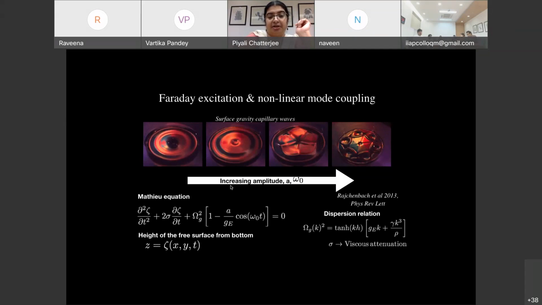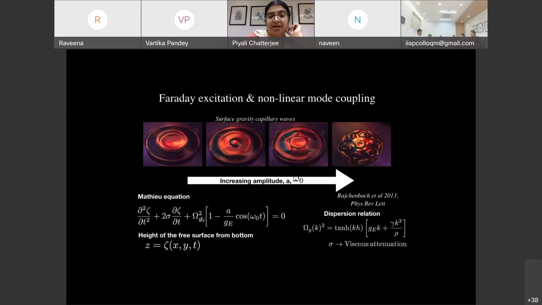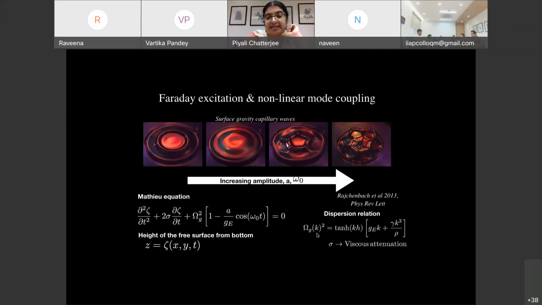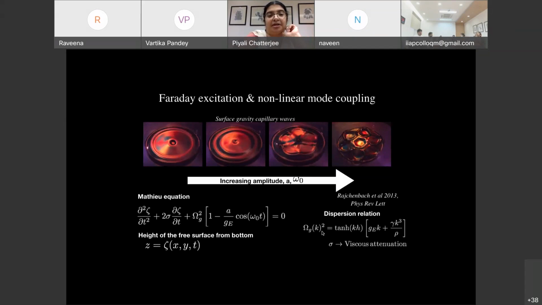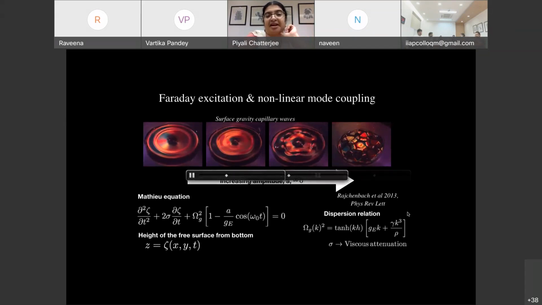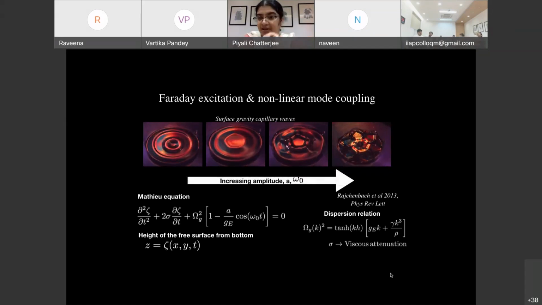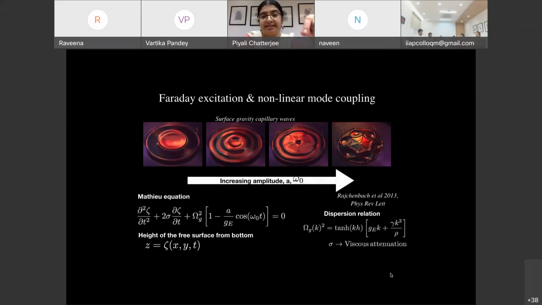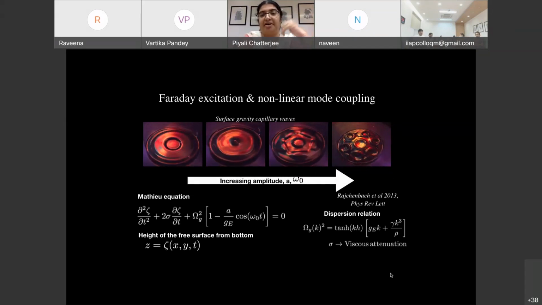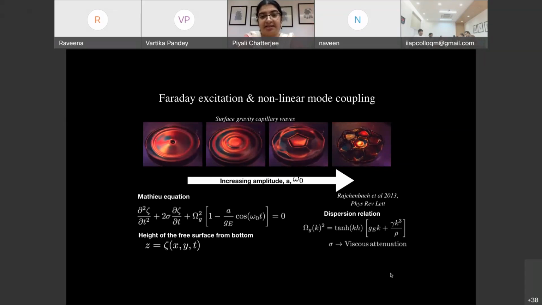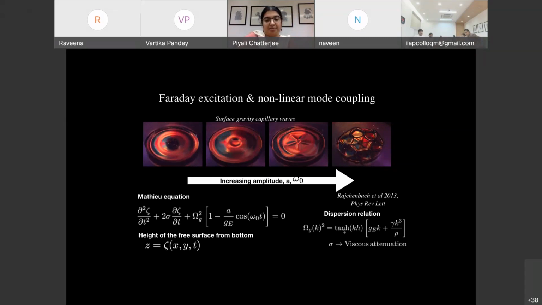This particular equation also uses another parameter known as capital omega. This capital omega gives the dispersion relation as a function of the wave number for what are known as surface gravity waves. But here I would call them surface gravity capillary waves, because these fluids are also influenced by surface tension. They have an air-fluid interface, and hence there's an effect of surface tension. The dispersion relation is actually very simple.